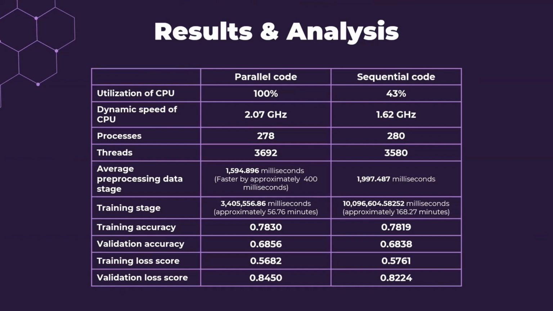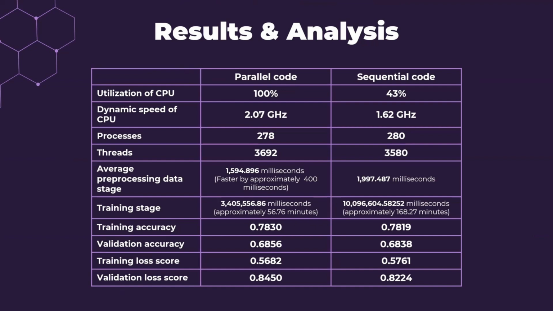CPU utilization: parallel processing used 100% of the CPU capacity, while sequential processing used significantly less. Dynamic CPU speed: we observed a higher operating speed in parallel processing at 2.07 GHz compared to 1.62 GHz in sequential processing.